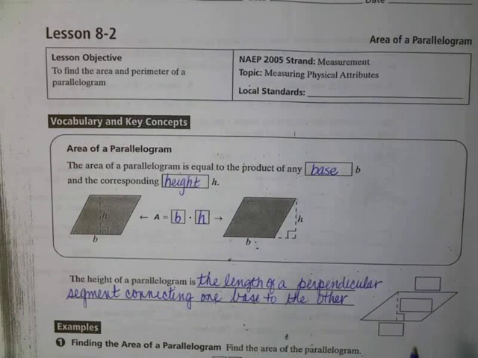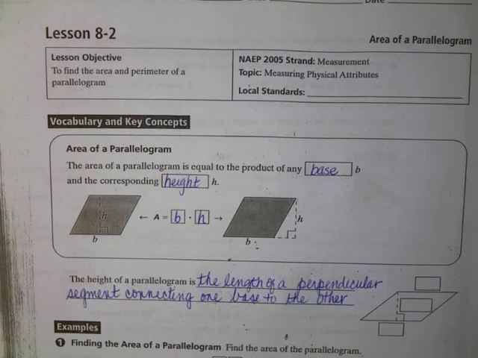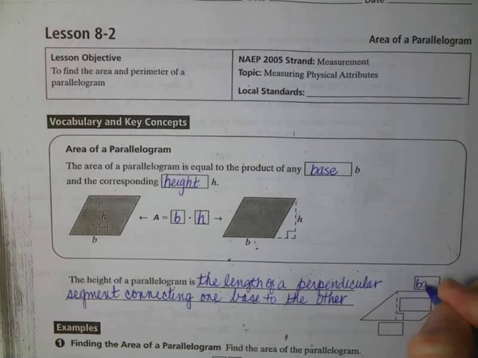Remember, perpendicular means that they meet and form right angles. We learned that previously in chapter 7. Here we have a parallelogram.